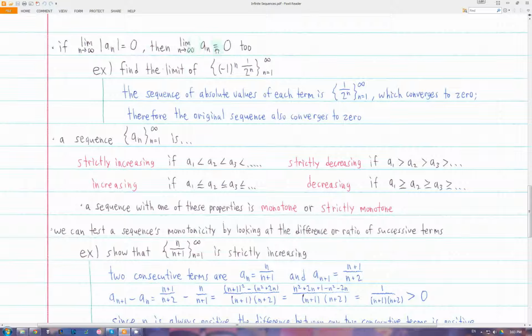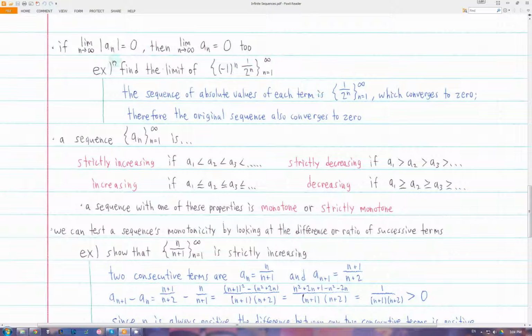So, for example, this sequence oscillates between positive and negative values because of this negative 1 to the n power. But if we take the absolute value of this general term, which is just 1 over 2 to the n, the limit as n approaches infinity is obviously 0.